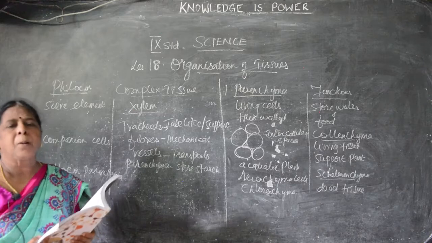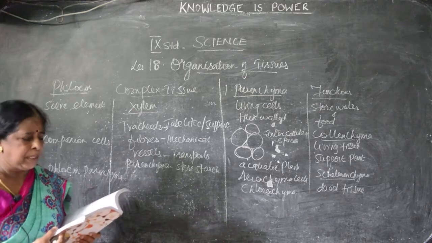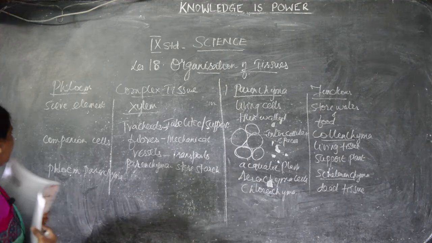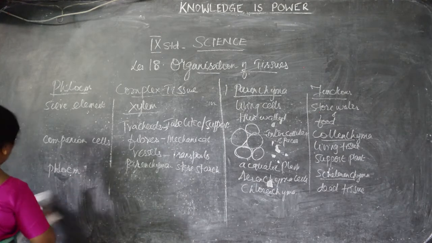Phloem is a complex tissue, consisting of the following elements. What are the elements? Sieve element, companion cell, phloem fiber, and phloem parenchyma.